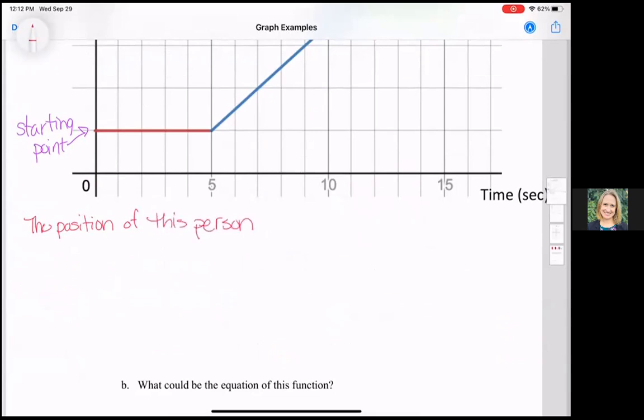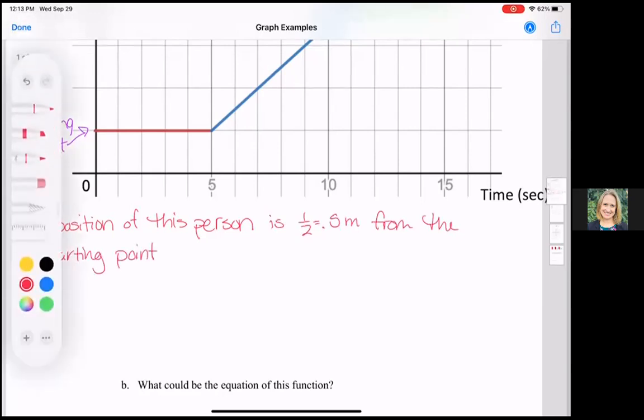We'll probably have some more context so we know exactly what's going on, is 1/2, or if you want to write it as 0.5 meters from the starting point.